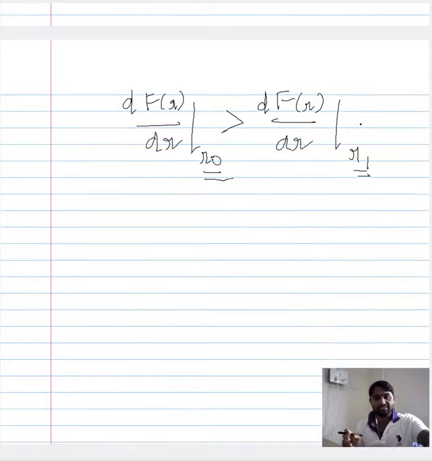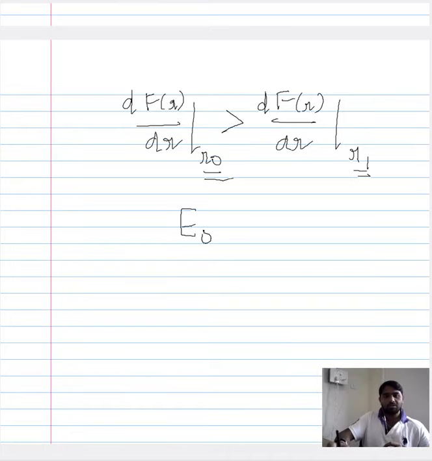That means that E naught, the Young's modulus at absolute zero, is greater than the Young's modulus at temperature, say T1.